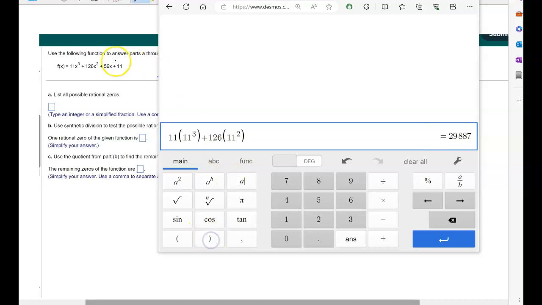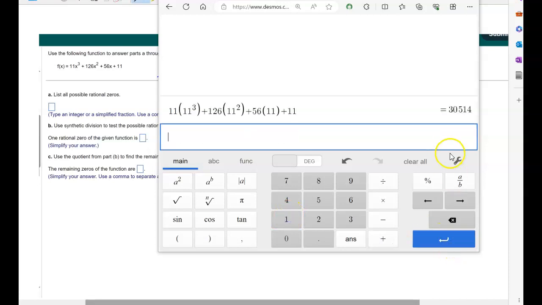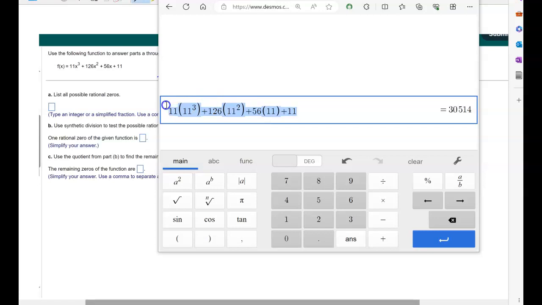Then plus 56 times 11, because you have x there, replace x by 11. And then plus 11. What do you get? Oh, you got 3,514, which is not a 0. So that means 11 is not a root.